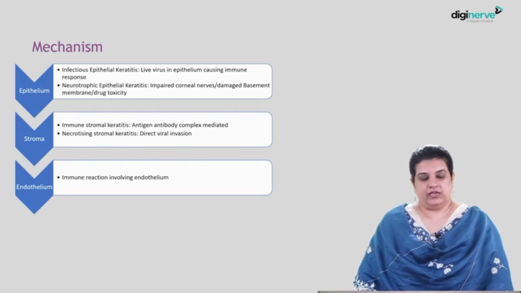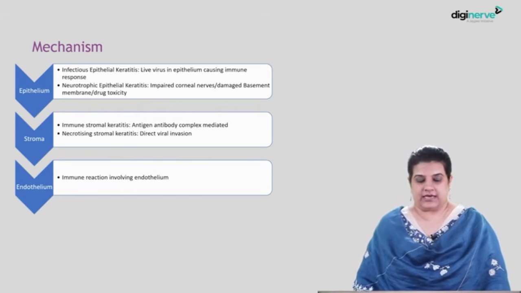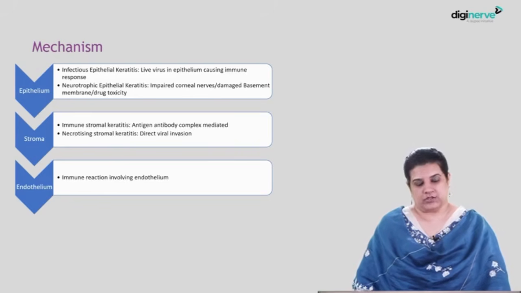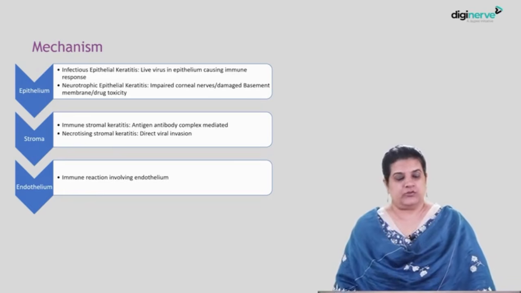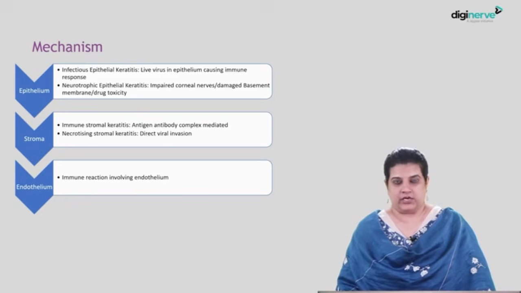If the epithelium is involved, then in cases of infectious epithelial keratitis, the causative agent is the live virus, which is there in the epithelium and causes an immune response. In cases with neurotrophic epithelial keratitis, there is an impairment in the corneal nerves or there is damage to the basement membrane, and sometimes it can also be caused by drug toxicity.